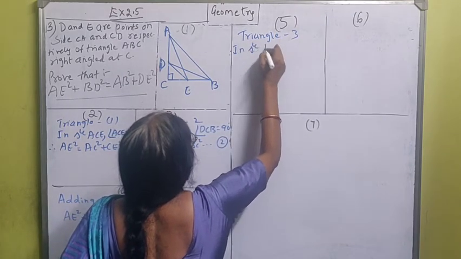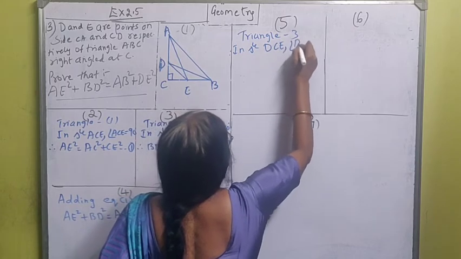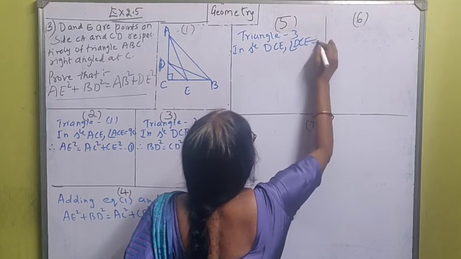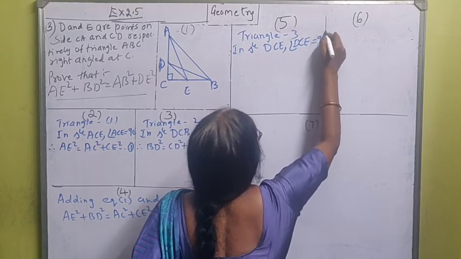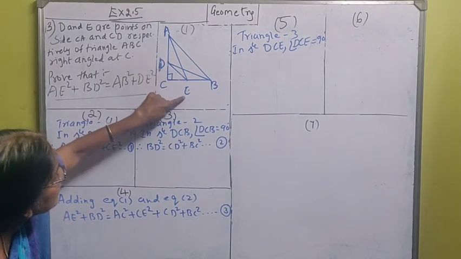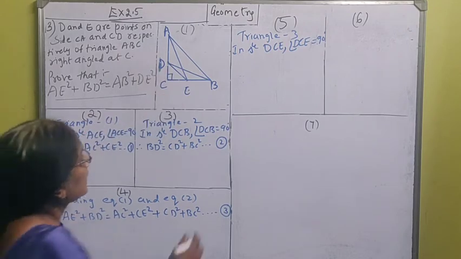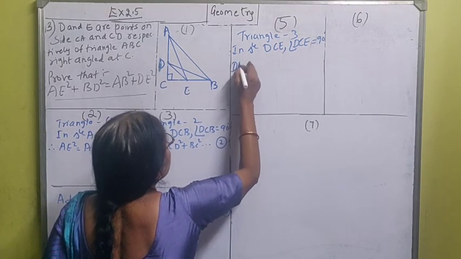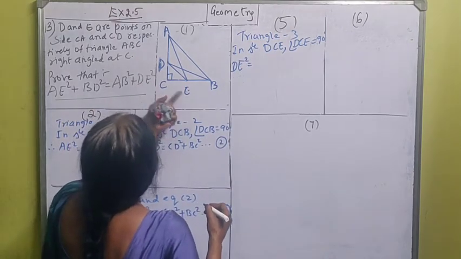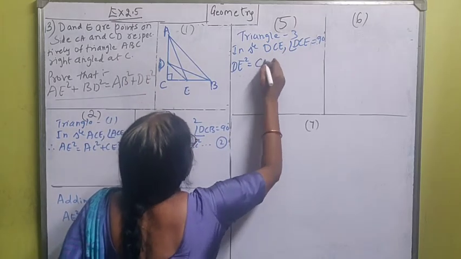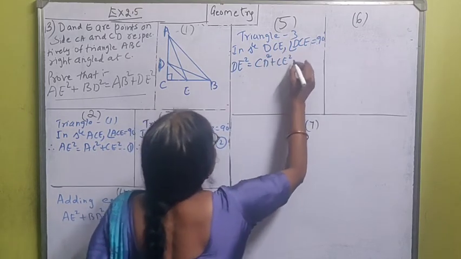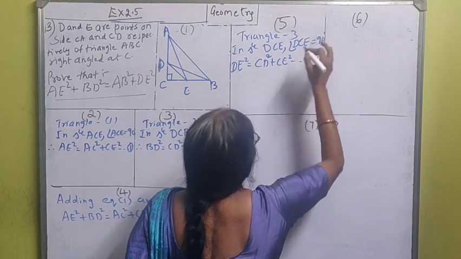In triangle DCE, angle DCE is equal to 90 degree. Which is the hypotenuse? DE. So I will apply the Pythagoras theorem. DE square is equal to CD square plus CE square. Let this be equation number 4.